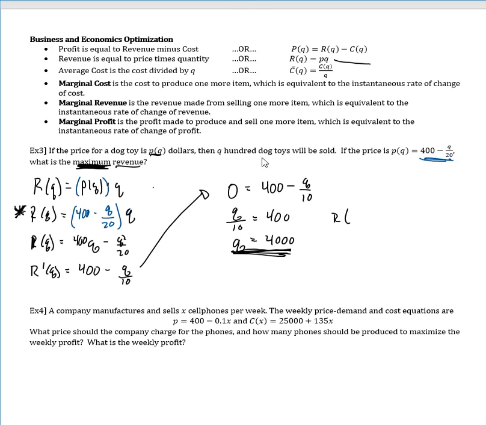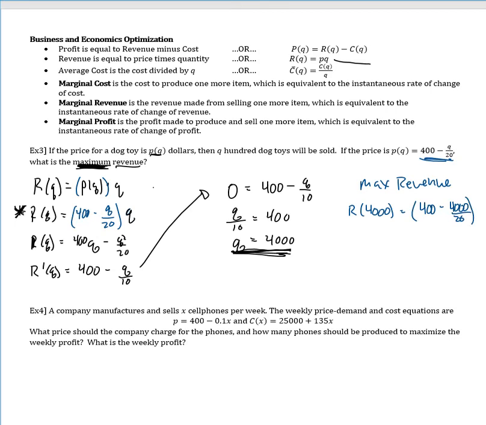Our max revenue is R of 4,000. R of 4,000 equals 400 minus 4,000 over 20, and then times 4,000.